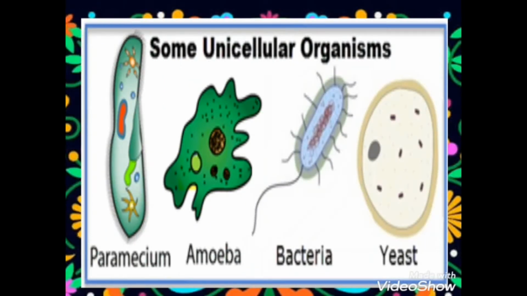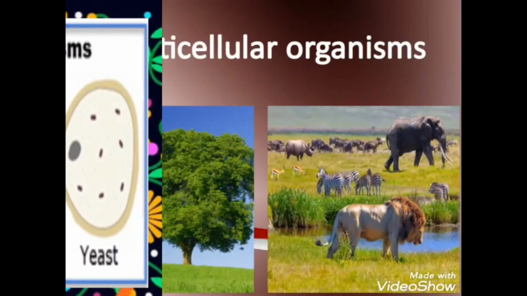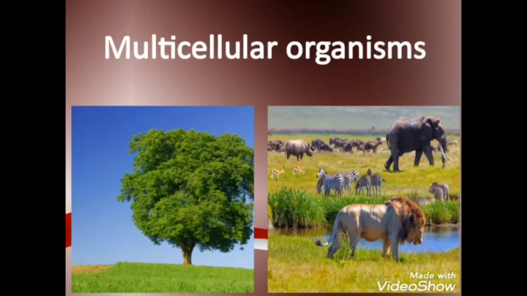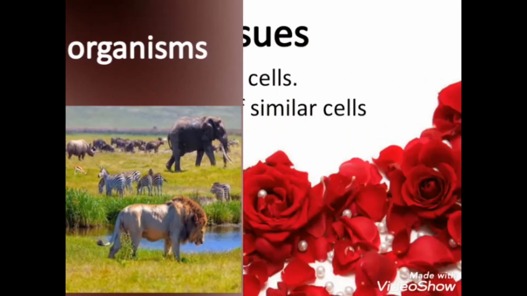These are some organisms that are unicellular. Number 1 is paramecium. Number 2 is amoeba, bacteria and yeast. In multicellular organisms, plants, animals and humans are included. They are made up of many cells.